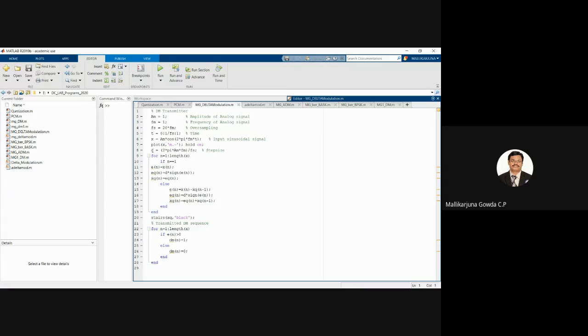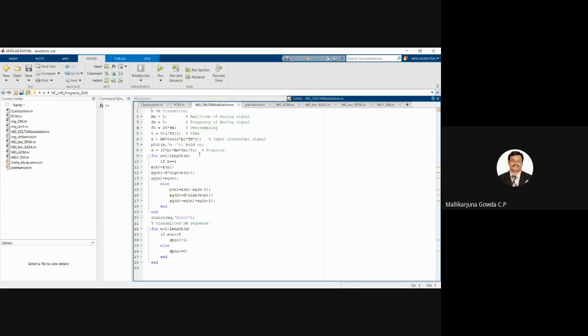Then this is the expression for step size, delta. In the first slide I said AM should be greater than or equal to delta divided by 2 pi FM into TS. That is the formula. So I have written here 2 into pi into AM into FM divided by Fs as delta.